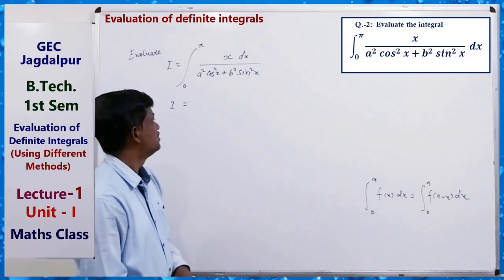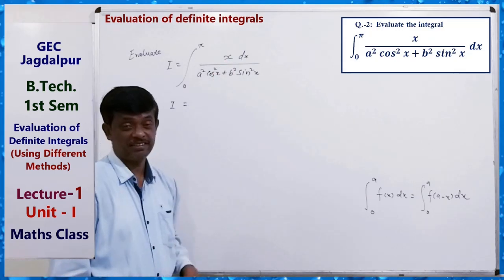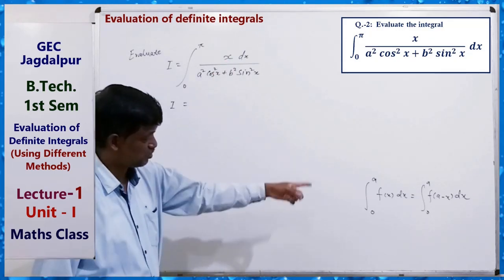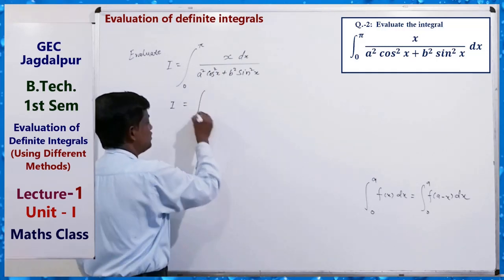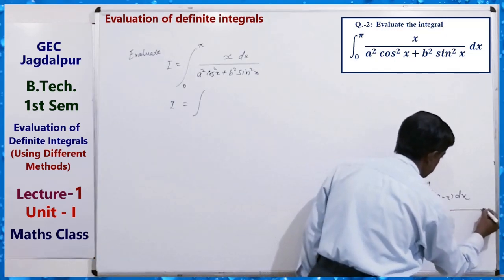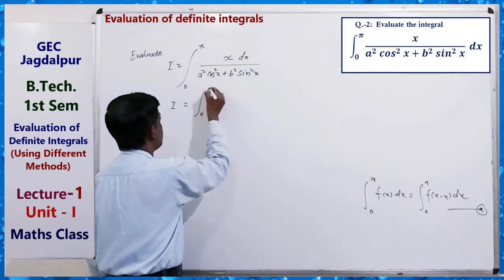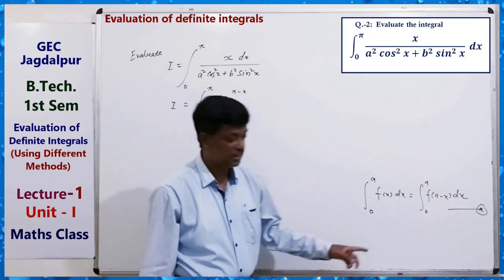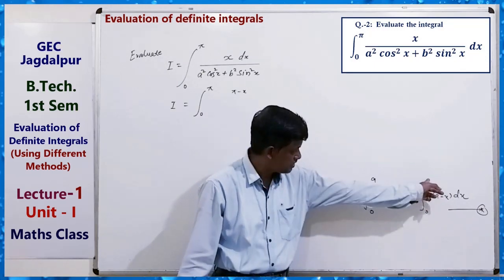So here we have cos square and sine square, but also x. For removing this x, we can use this property. This is the property, star. So using it, from 0 to pi, in place of x we write a minus x, meaning pi minus x.